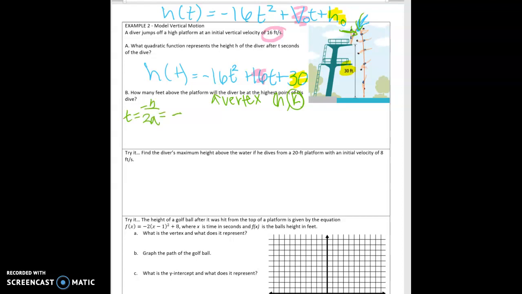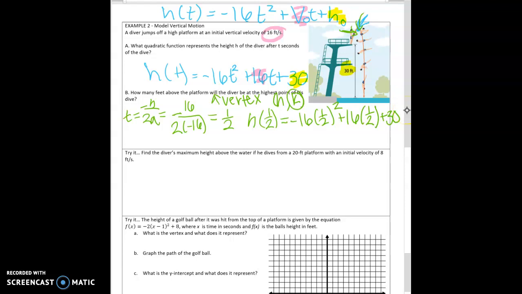So negative b is negative 16, over 2 times negative 16, since that's our a value. So we get 1/2. So it's 1/2 seconds that he reaches his highest point. And then to find the actual highest point, we're going to plug in the 1/2. So we're going to do negative 16 times 1/2 squared plus 16 times 1/2 plus 30.